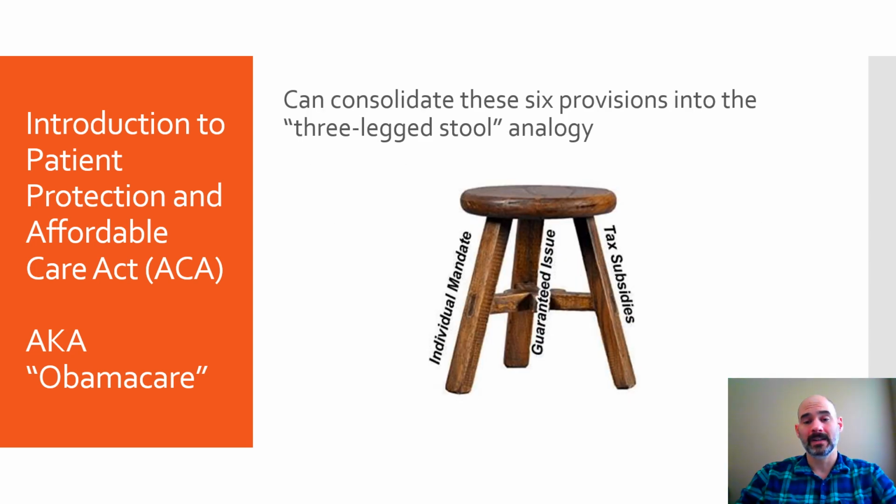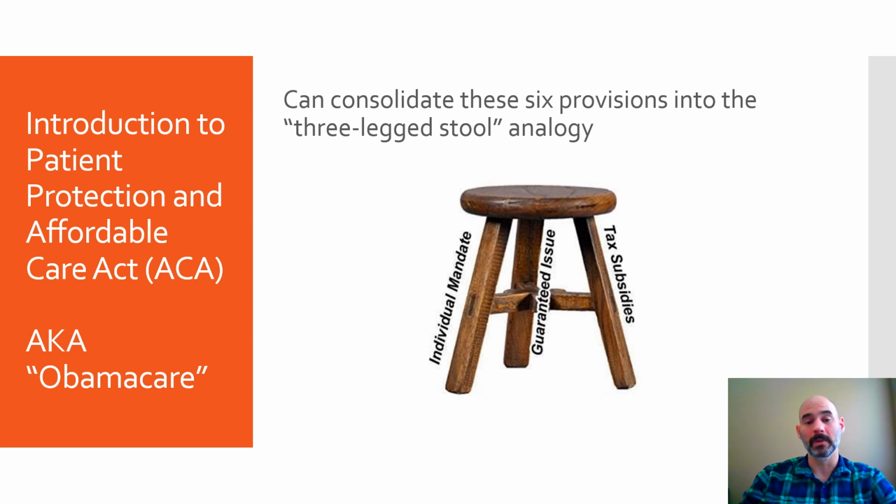And so again, not only could we consolidate the entire list of all the provisions and policies of the Affordable Care Act into those 6 major provisions on the previous slide, but we could further consolidate those 6 provisions into 3 classes of provisions that would form the 3-legged stool.